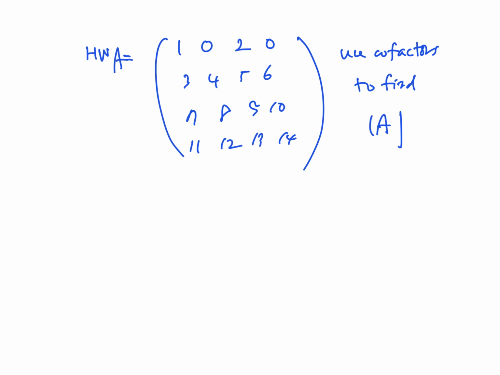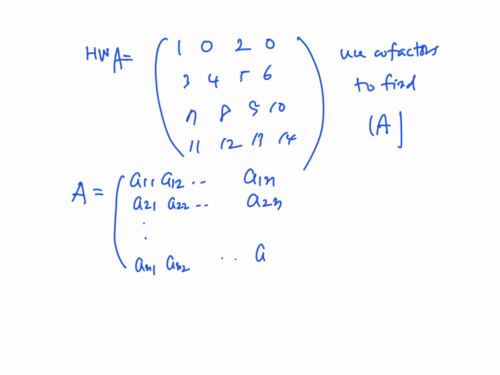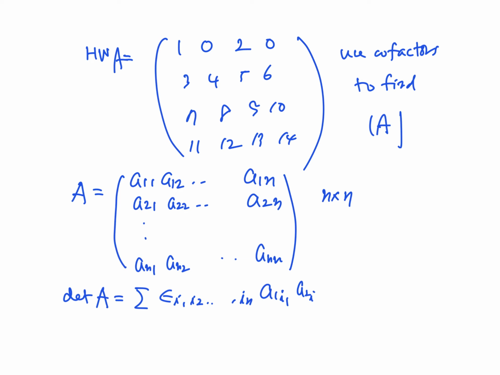So in general, for the determinant of an n by n matrix, the best method is using the Levi-Civita symbol, with indices i1 through in.